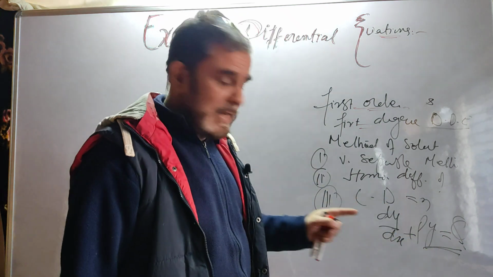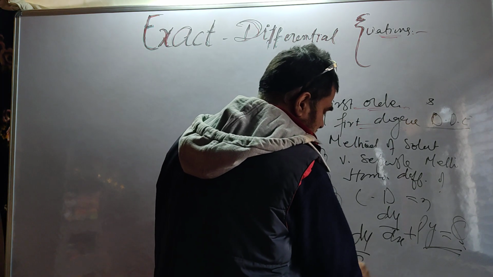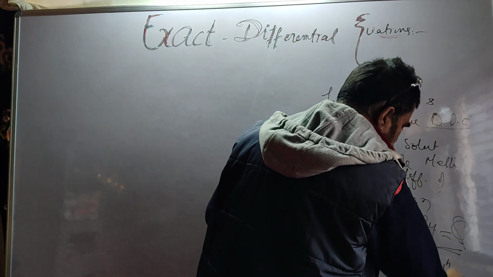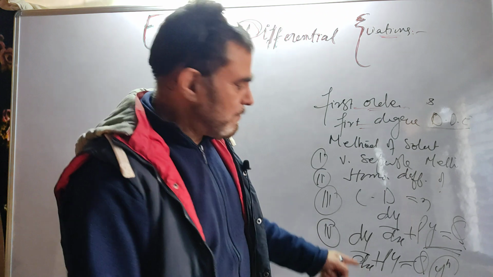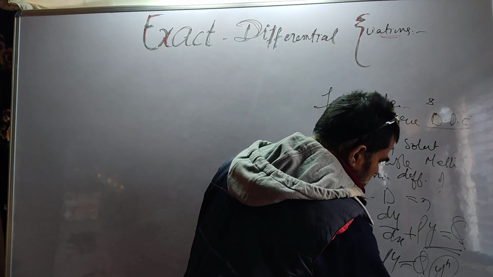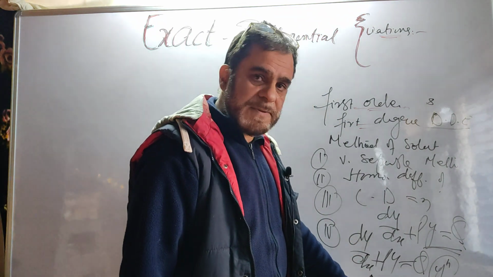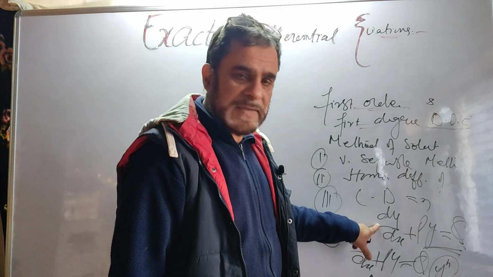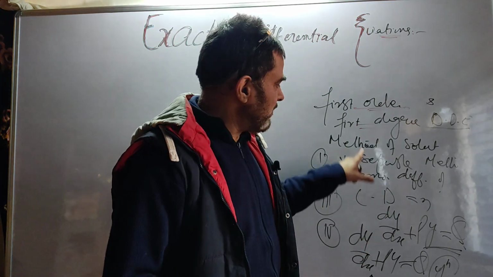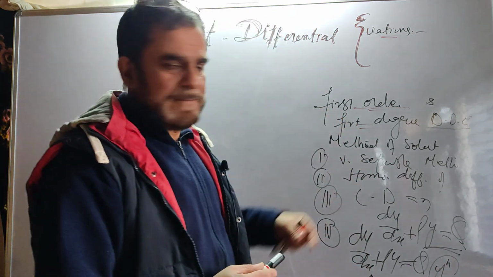You have done this. Or you have also done dy by dx plus py is equal to q y raised to the power n. It is Bernoulli's differential equation. By suitable substitution, you convert Bernoulli's equation into the linear form, and then solve by integrating factor. These are the cases you did.